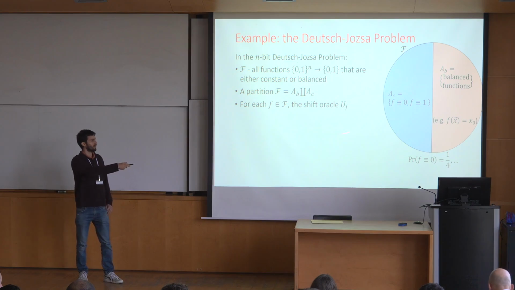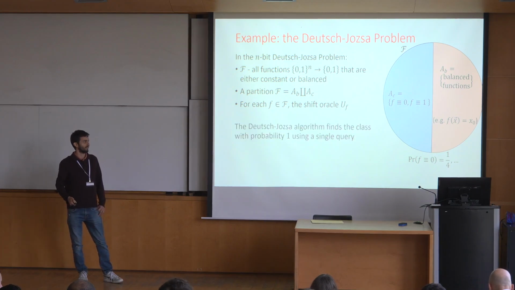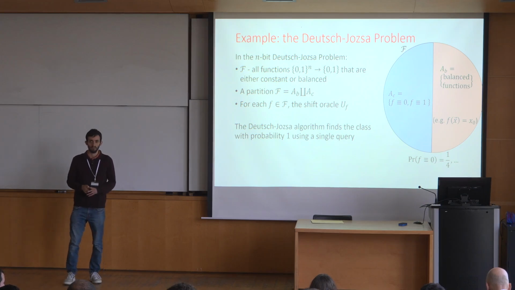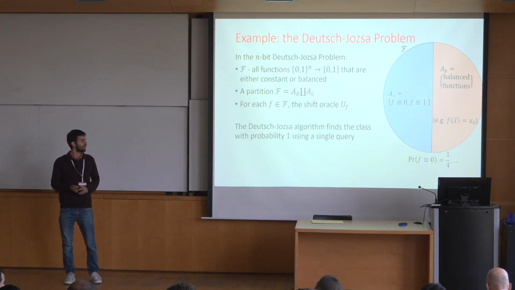Here we assume that U_f is a shift oracle. And we know that we have a quantum algorithm, the Deutsch-Jozsa algorithm, that finds the class A_B or A_C with probability 1 using just one oracle query.